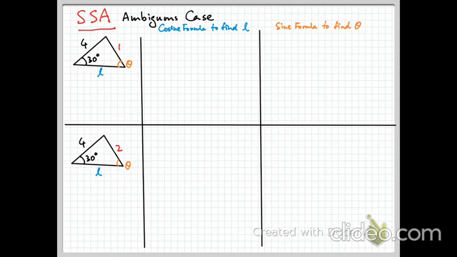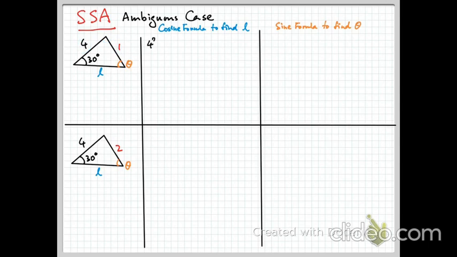Normally you can apply the cosine law in the SAS situations. That means with 4 and 1, you need the angle between the 4 and 1 to find the opposite side. But this time we do not have this blue angle, so we have to put L into the cosine formula.